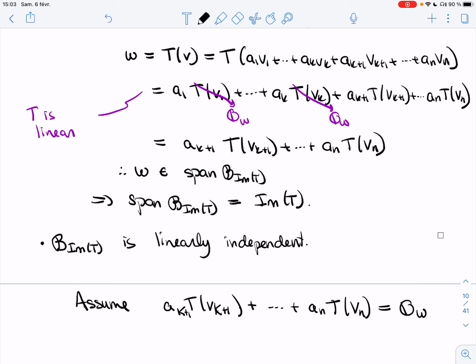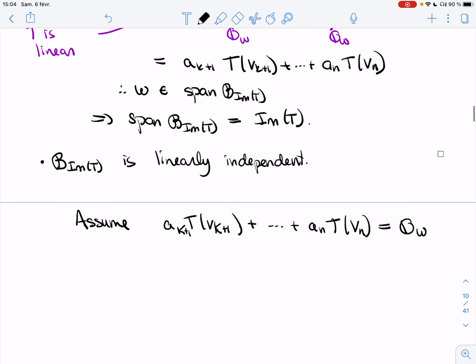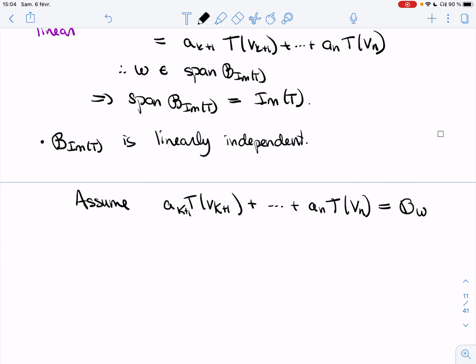All right, we're going to do the opposite of what we've done over here. Here we split. Now we're going to put them back together. Since T is linear, I could write this as T of a(k+1) v(k+1) plus up to an vn. Now I have an element that if I apply T to it, I get 0.